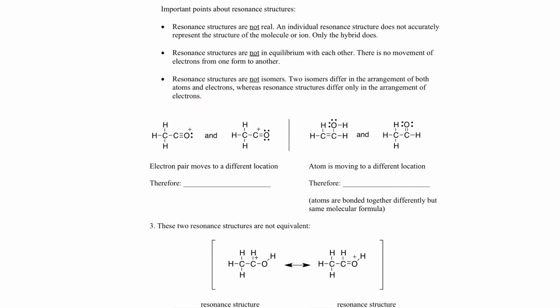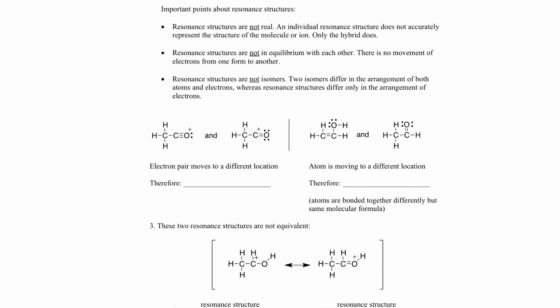So let's look at these two pairs of molecules and try to determine whether they are resonance structures or whether they're isomers. All right, so let's look at this first pair. We're going from a triple bond to a double bond.